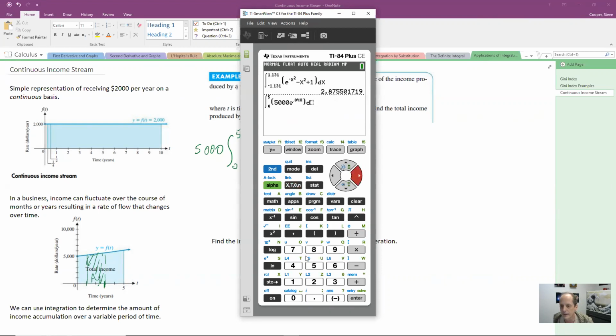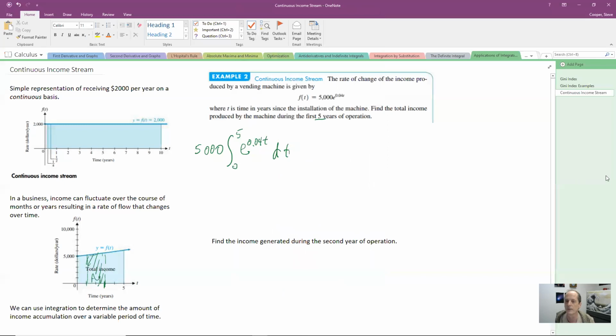And since I'm using x, I'll make that x. Okay, so there it is. We got about 27,675.34.